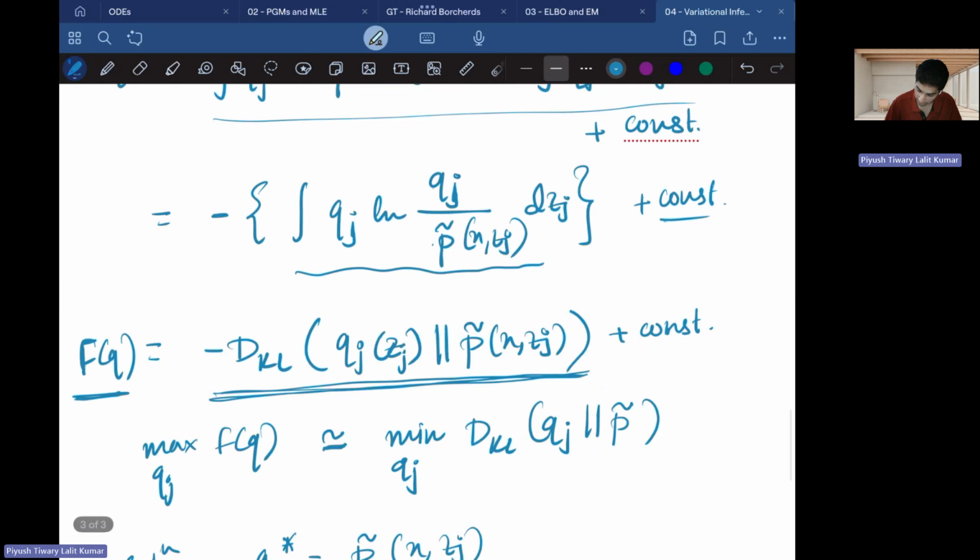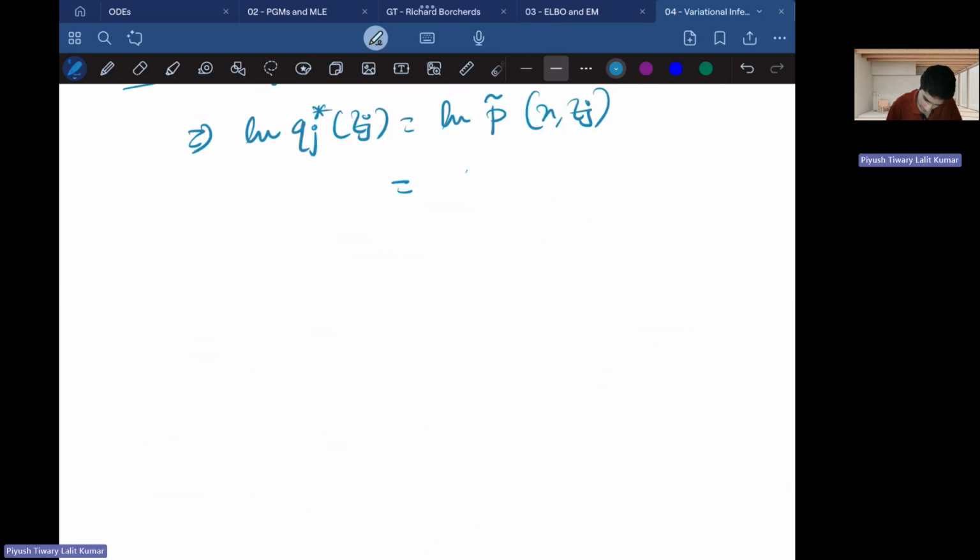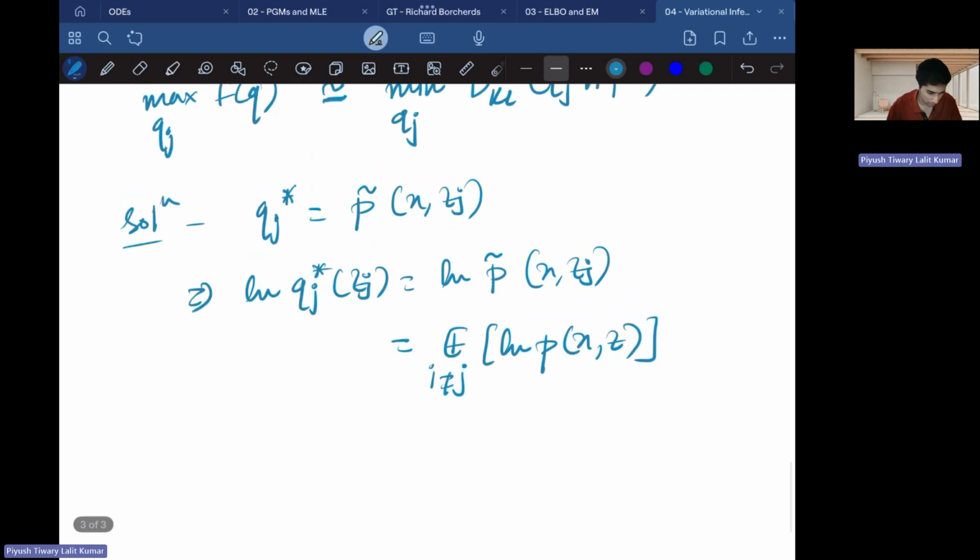This was this expectation, right? This was expectation over i not equal to j of log of p of x comma z.